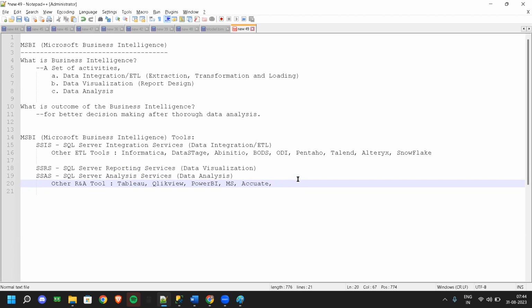And then SAP BO, Business Objects, OBIEE, Oracle Business Intelligence Enterprise Edition, right? And then Jasper Reports, TIBCO Spotfire. Here are the different tools available in the market from different vendors, right? Yes.